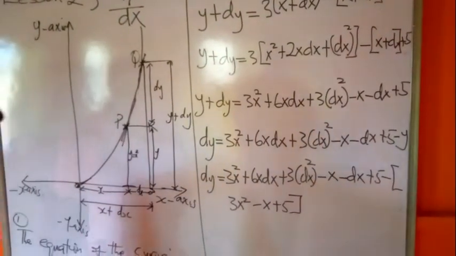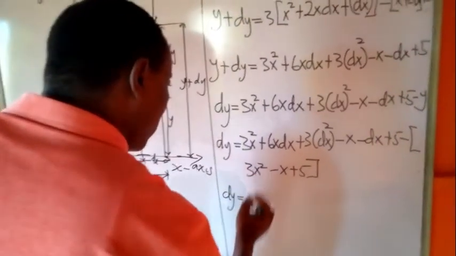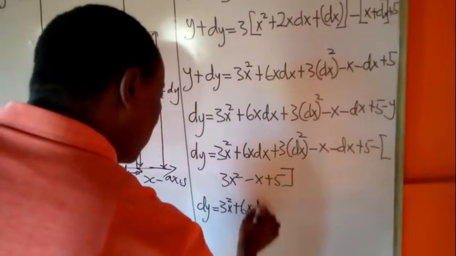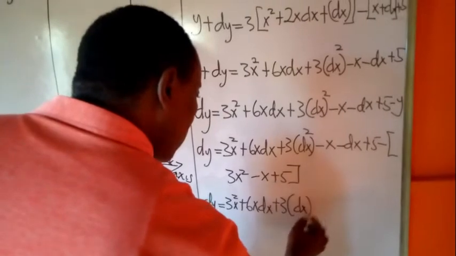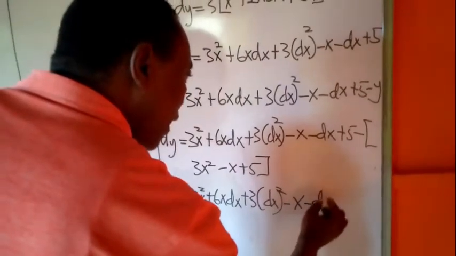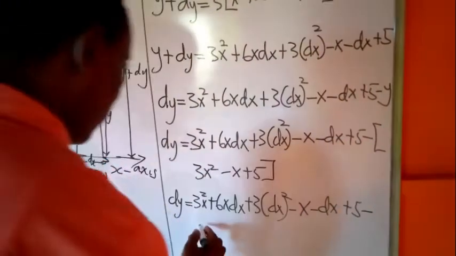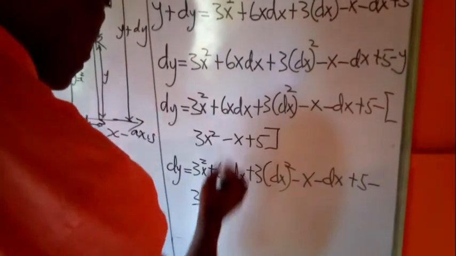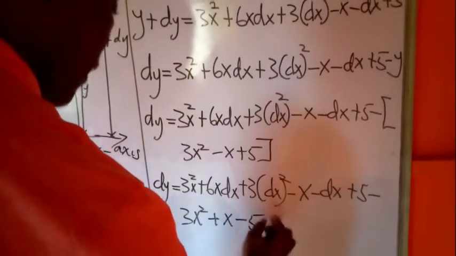So let's try and see how we can straighten it out. We have dy is equal to 3x squared plus 6x dx plus 3 dx squared minus x minus dx plus 5 minus 3x squared plus x minus 5.